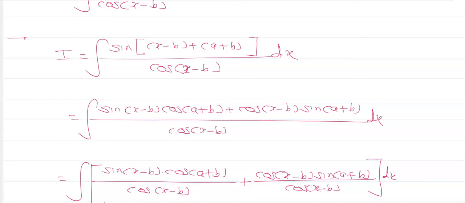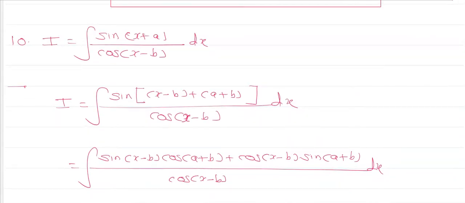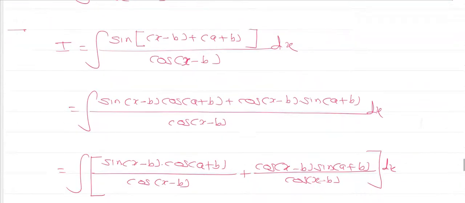In the same way, sin of (x - b) into cos of (a + b) plus cos of (x - b) into sin of (a + b). Now here we have adjusted minus b, and here is a plus b. Minus b and a plus b, the terms get cancelled. We get our original terms, that is x plus a. Therefore we have adjusted here minus b and plus b.